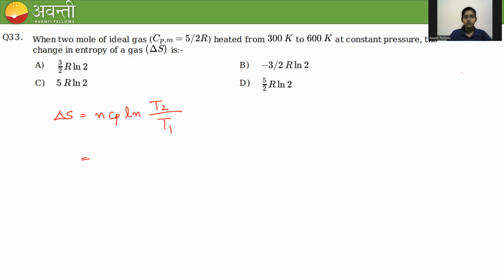The number of moles of the ideal gas is 2 and the Cp value is given as 5/2 R, into the logarithmic function of the final temperature, 600, and the initial temperature, 300. So we are getting 2. Here the 2 gets cancelled and we will get the delta S value as 5 R ln 2. Okay, so option C is the correct answer for this.